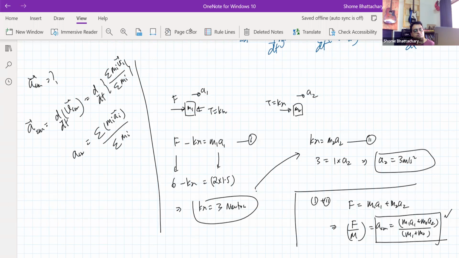So vector definition. In our particular case here, I just made it a 1D equation. Acceleration of center of mass likewise is also a weighted mean.